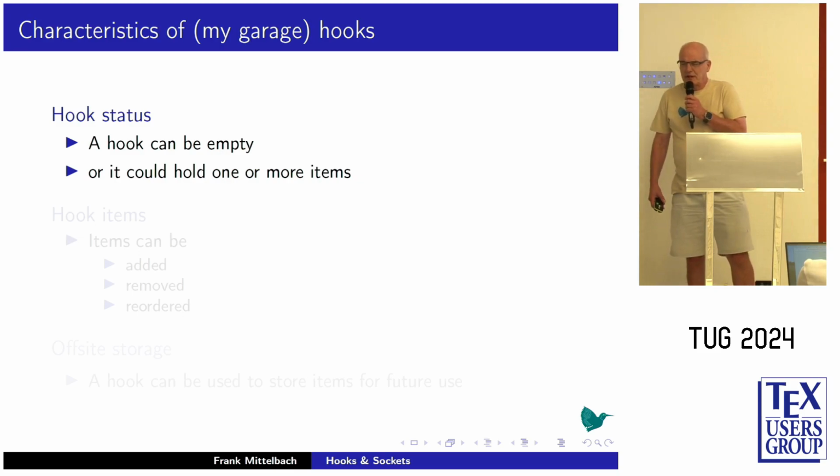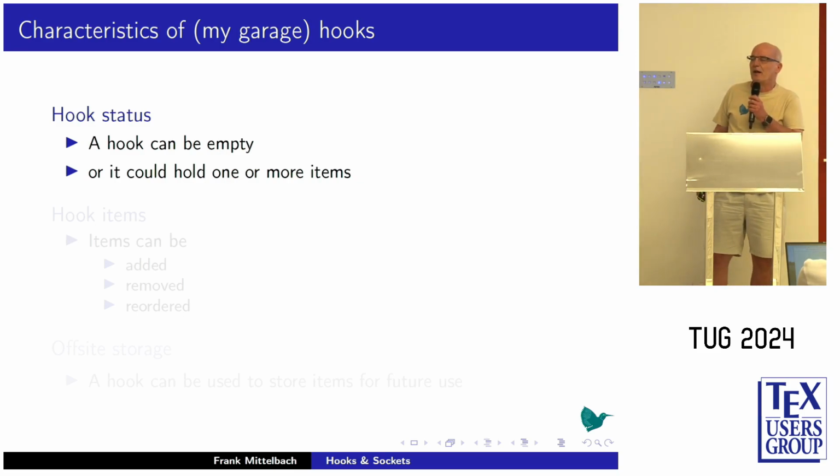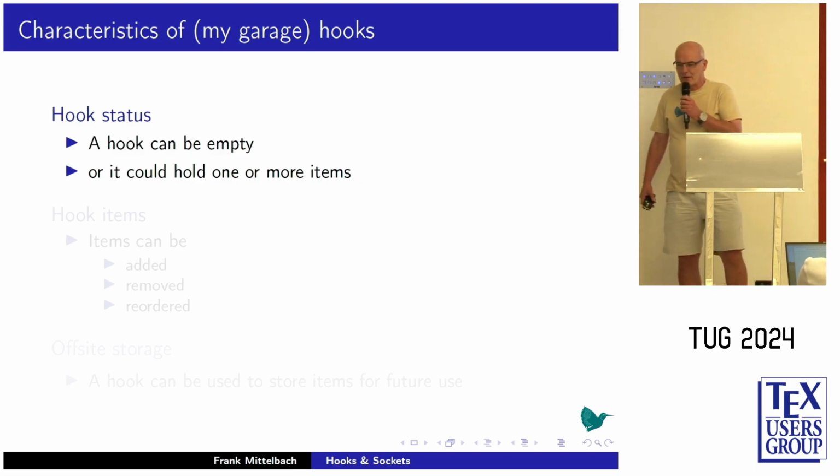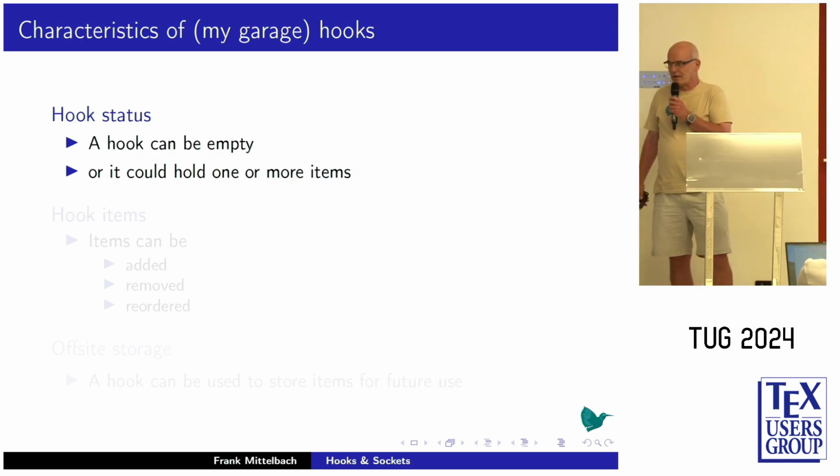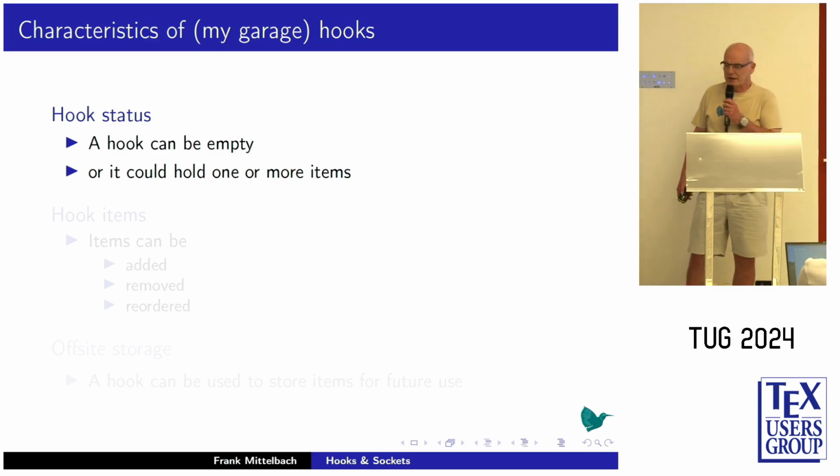So what are the characteristics of hooks, at least those in my garage? It can be empty. The first picture showed this. It can hold items, and sometimes a lot of items, even if it gets crowded.